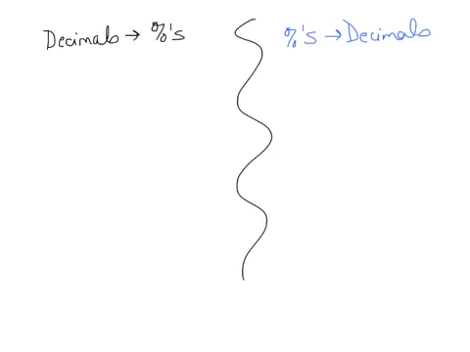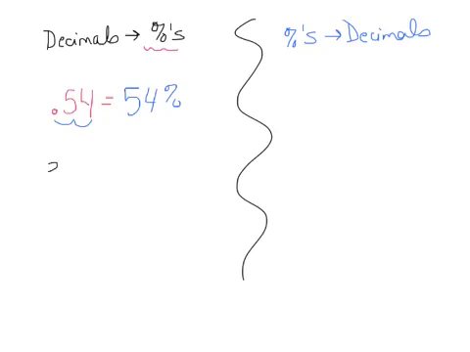When I begin to look at how to turn a decimal into a percent, the key part is to remember that percent means out of 100. So if I have 0.54, basically what I'm going to do is move the decimal place to the right 2 places. So it would end up being 54%.